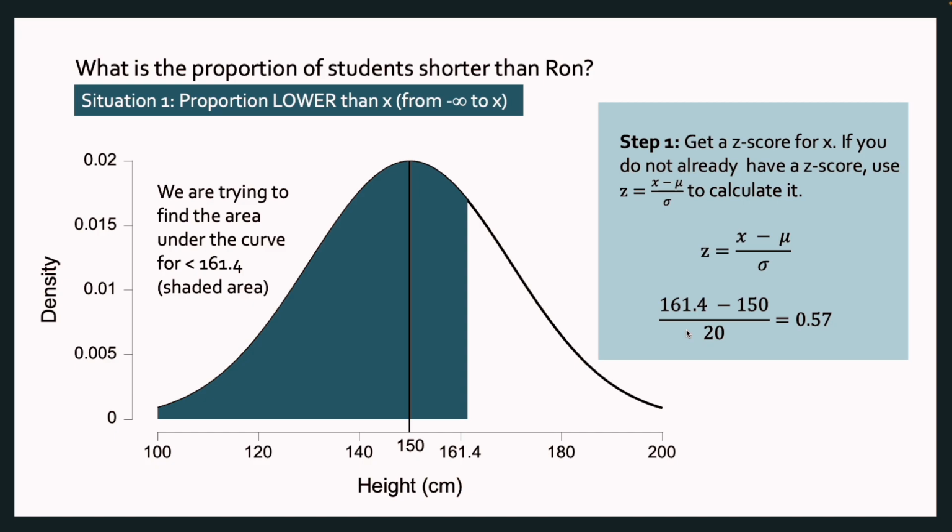So first you need to draw the bell curve, the normal distribution. This is very important for you to do, because first it will help you to visualize which area you want to find, and secondly, of course, it helps you to get marks because it shows that you know which area you are looking at. So this is very important.